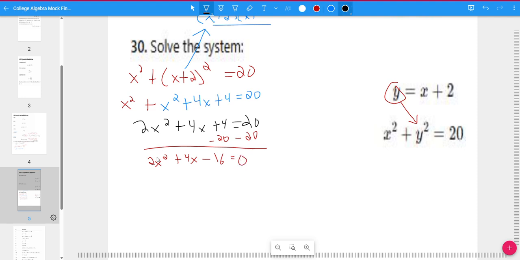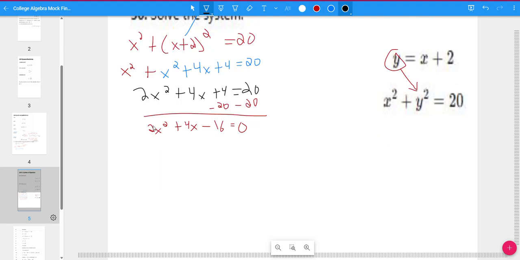Then I can do AC method to factor this guy out. Remember this here, 2 times negative 16 is negative 32. So what multiplies to negative 32 and adds to the positive 4 here? I'd write 2x squared, and then what does that is positive 8x minus 4x minus 16.